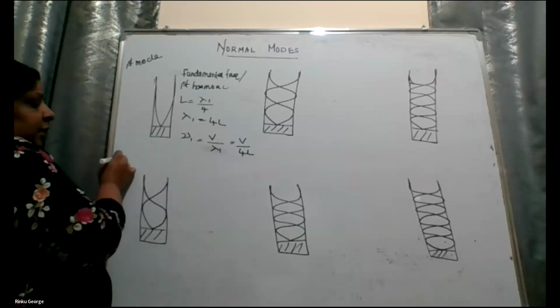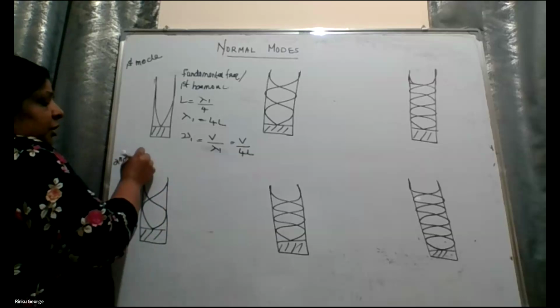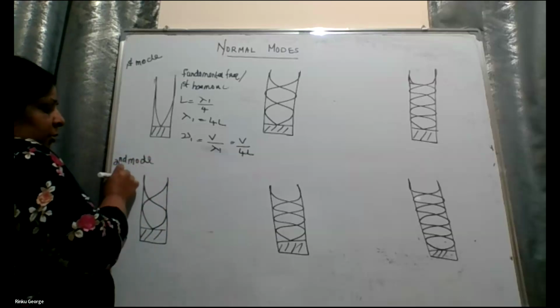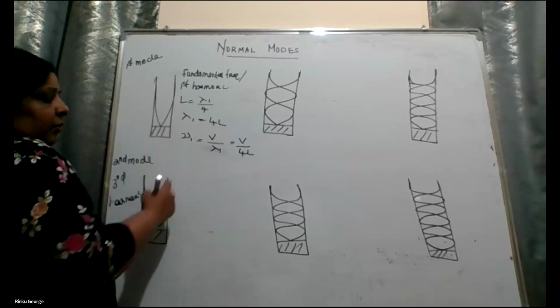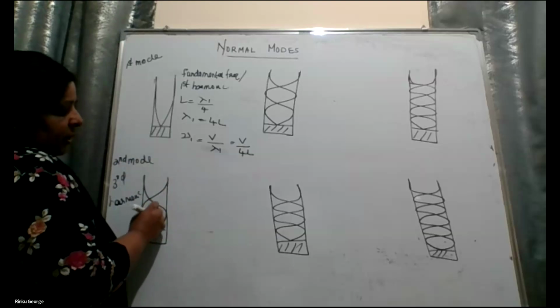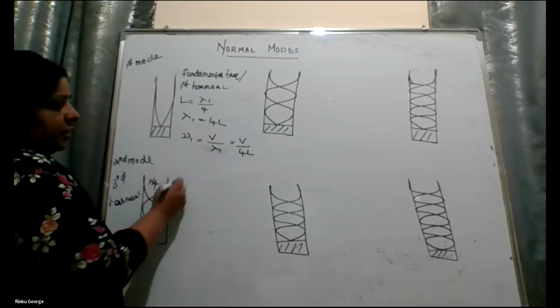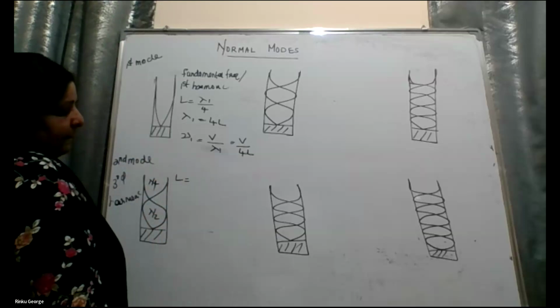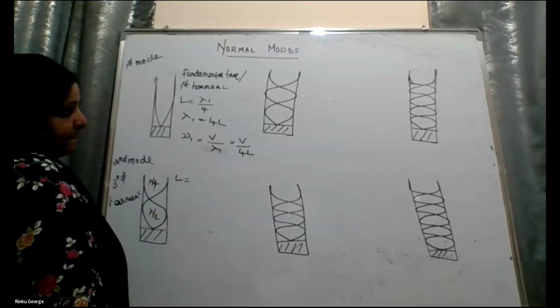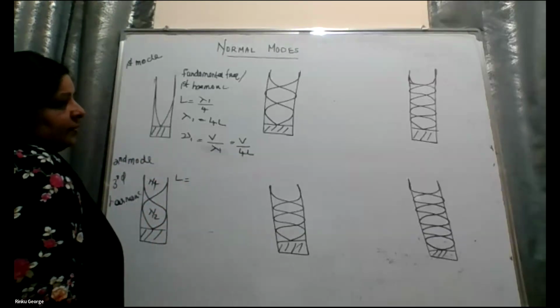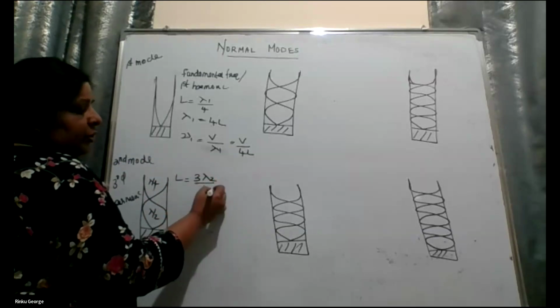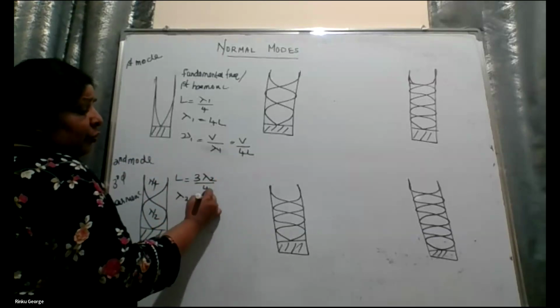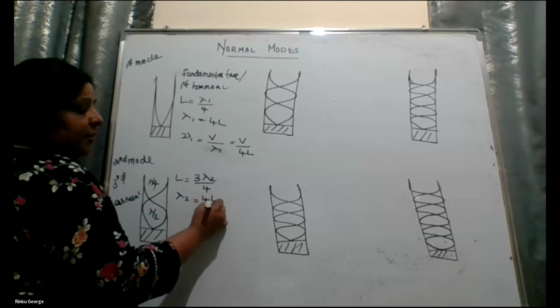Now here, what is L? This is second mode of vibration, or you will get third harmonic. What is L here? Lambda by 2 plus lambda by 4, right? What is that? 3 lambda by 4. So L is 3 lambda 2 by 4, or lambda 2 is 4L by 3.